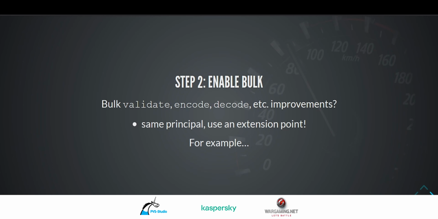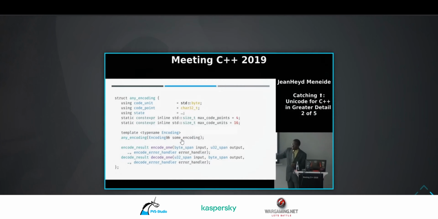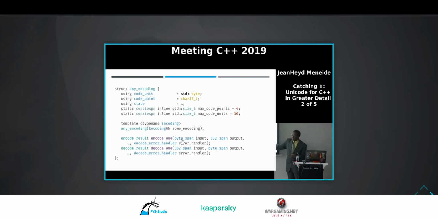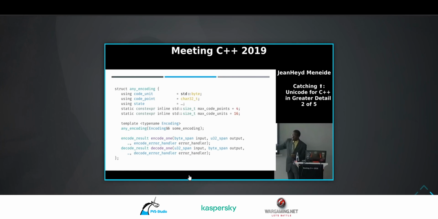And to illustrate this, we're going to go back to something that we talked about in part 2 of this talk, which is any encoding. Any encoding is this very interesting thing that I spent a lot of time talking about, how you set it up and how you make it possible. In this Meeting C++ 2019 talk, you can click on this here and it'll take you there.